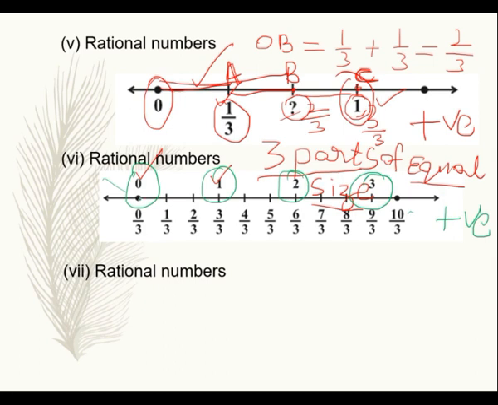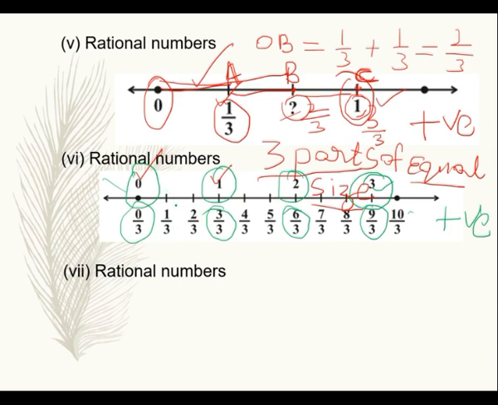Now if I take 0 as 0 by 3, then 1 becomes 3 by 3, 2 is called 6 by 3, 3 is called 9 by 3, and so on. That means we made this entire number line further into 3 parts.